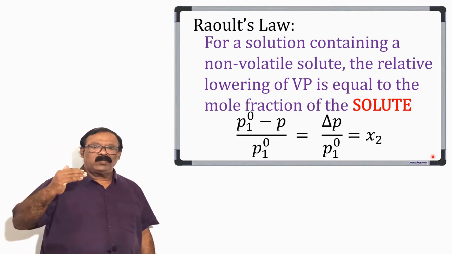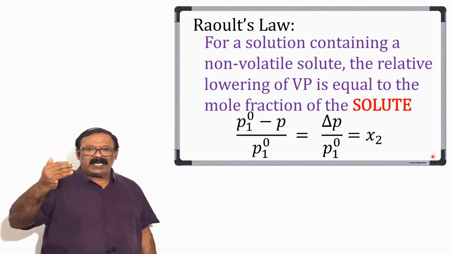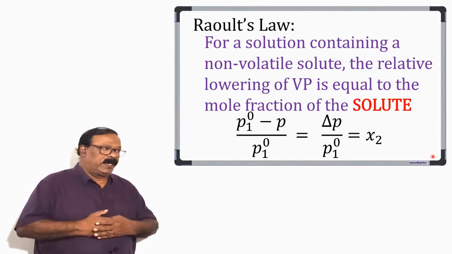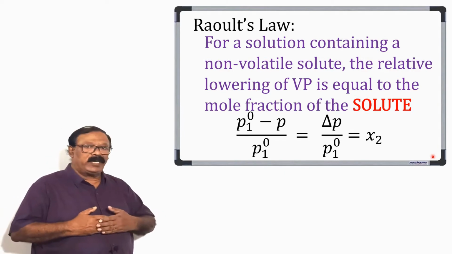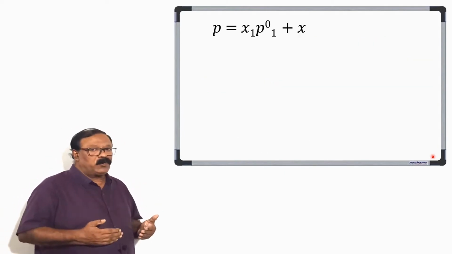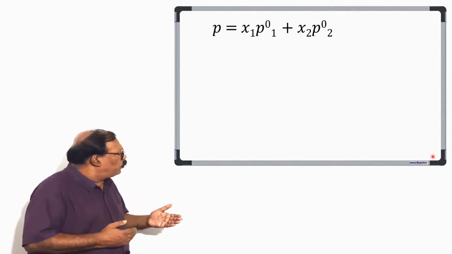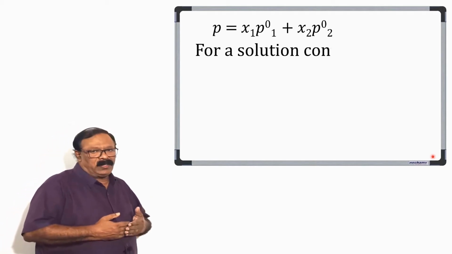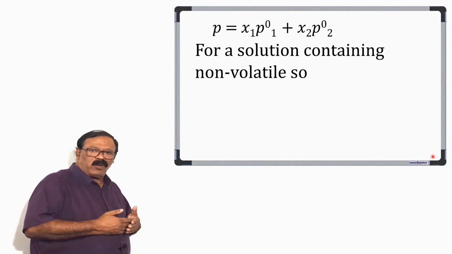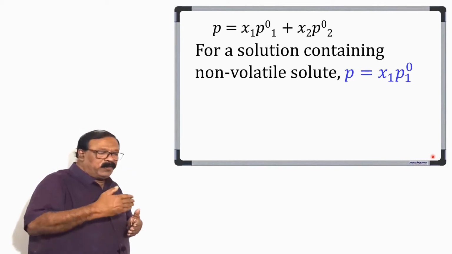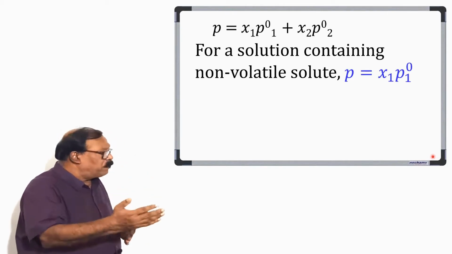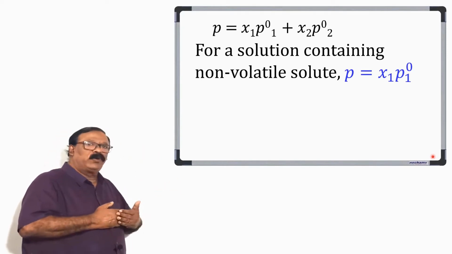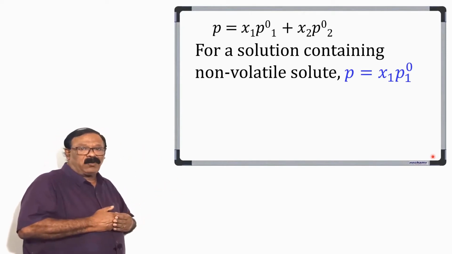Now let us see how this law is derived from the law that we have already studied. According to the equation that we have already studied, vapor pressure of a solution is given by P equal to x1 P01 plus x2 P02. Since the solute is non-volatile, P02 will be 0 and the second part will disappear from the equation, and the vapor pressure of the solution P will be equal to x1 P01.